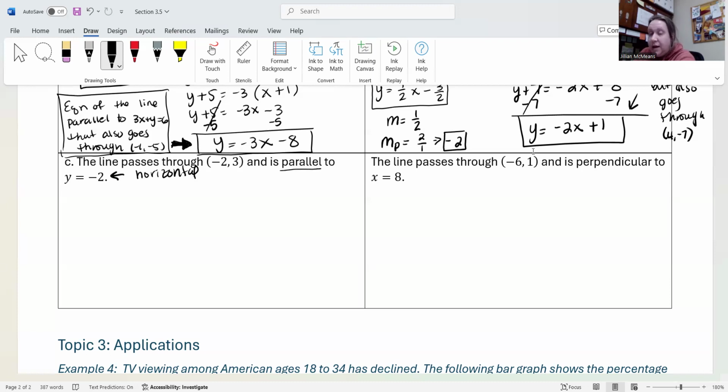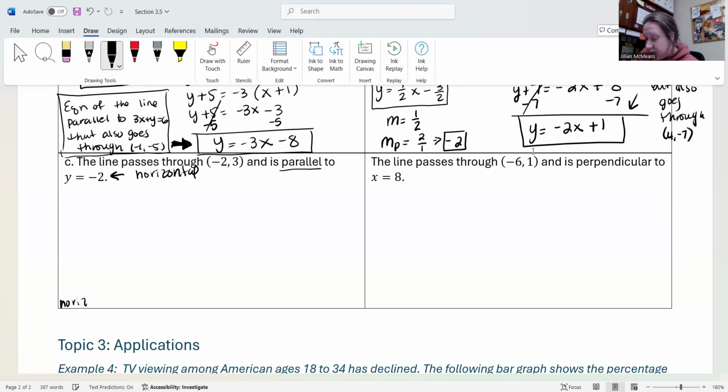Now, parallel lines and horizontal lines. If you are horizontal, you are parallel to all other horizontal lines. If you're a vertical line, you're parallel to other vertical lines. When it comes to perpendicular, horizontal lines are perpendicular to vertical lines. So I'm going to try to write that down here.